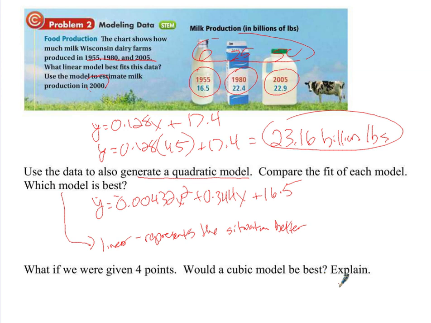What if I was to give you another ordered pair? Another ordered pair would allow me to create a cubic polynomial perfectly. Would that be best? So let's say I gave you, this is addition to 25 years each time, 75 years from 1955, whatever that year is.